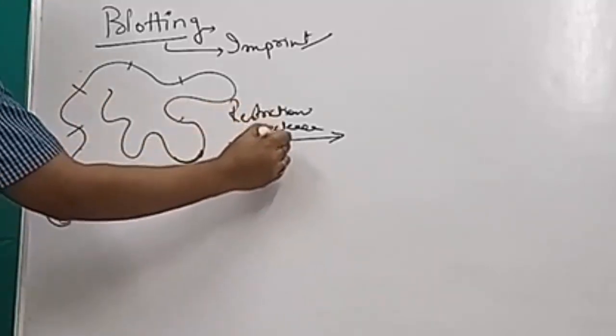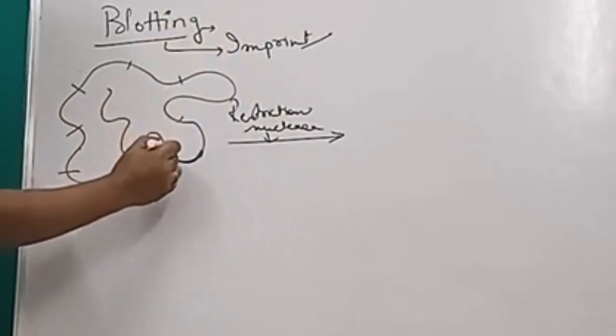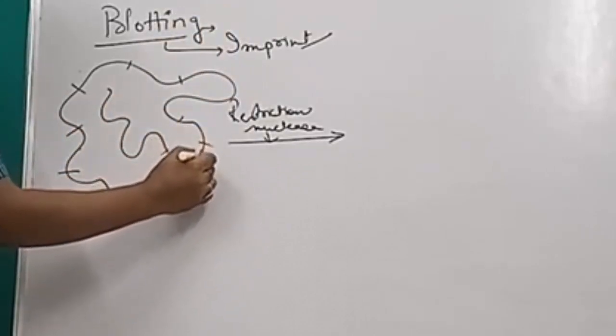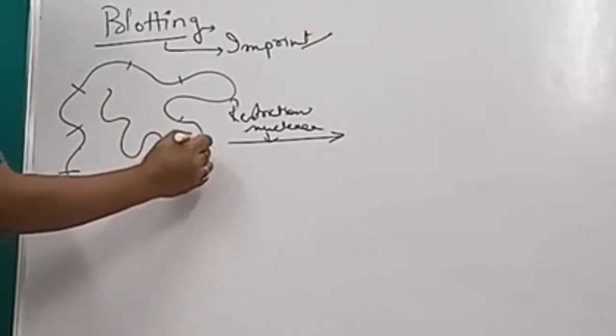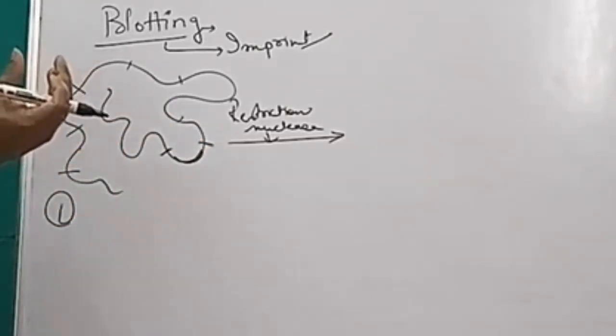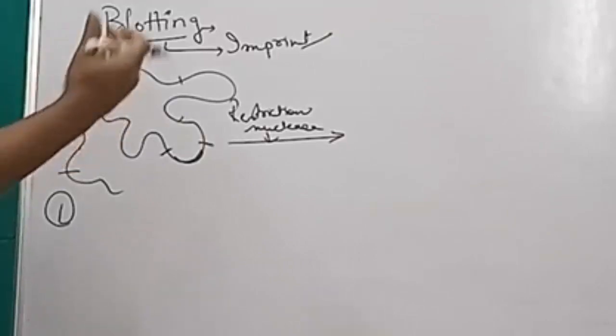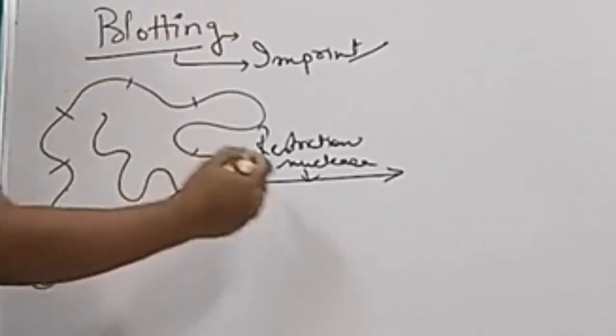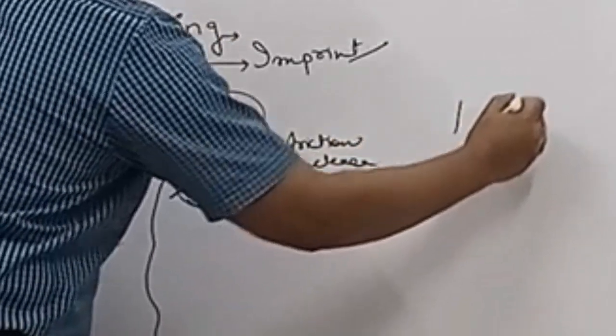We will use one such restriction endonuclease which will cut from both the ends of this gene of interest and get a segment of the gene of interest out. So we will use that particular restriction endonuclease and then we are making fragments, right?